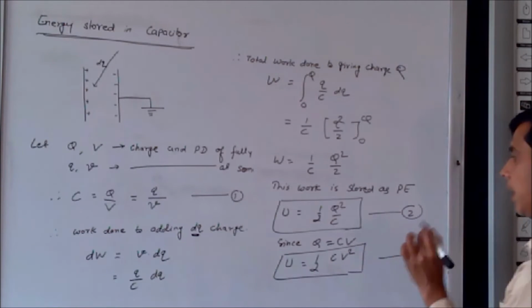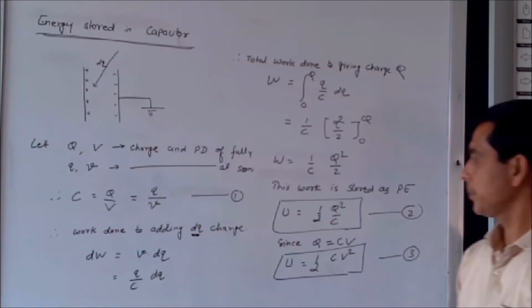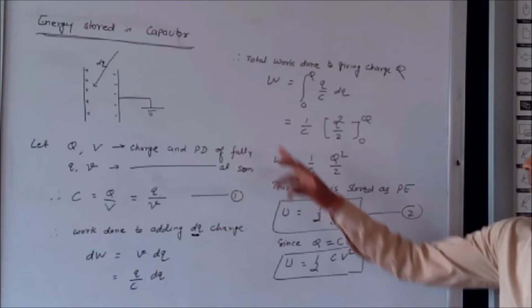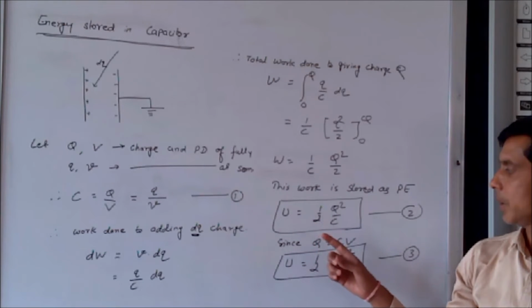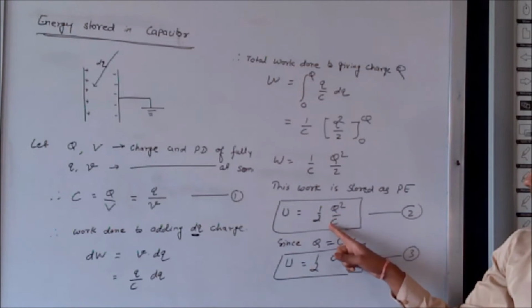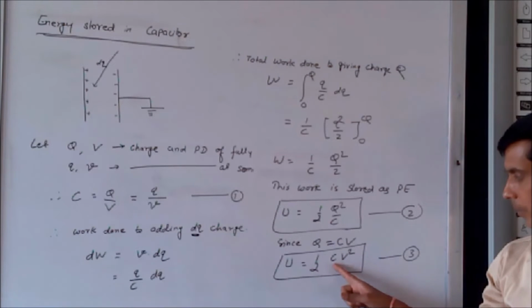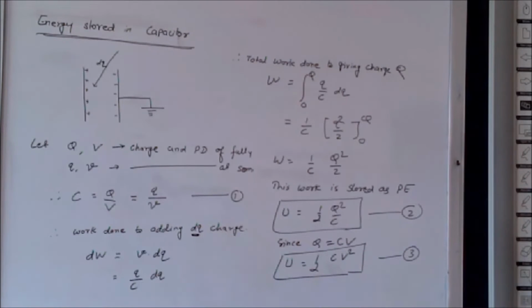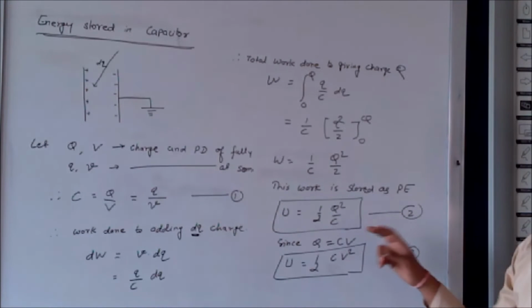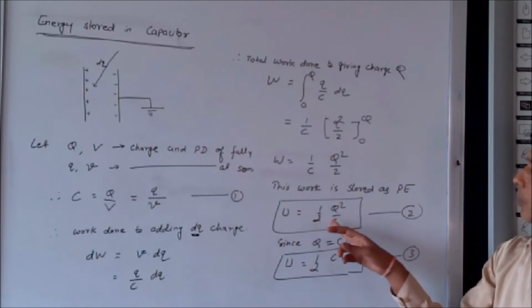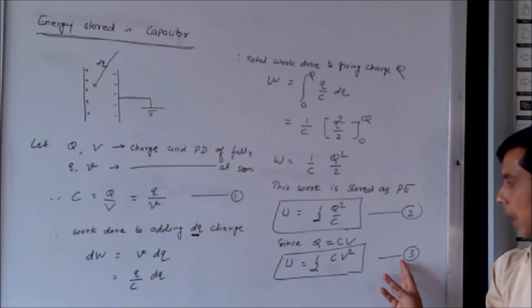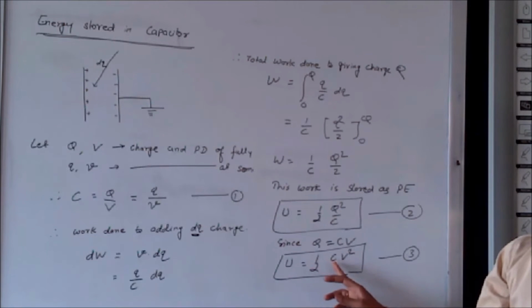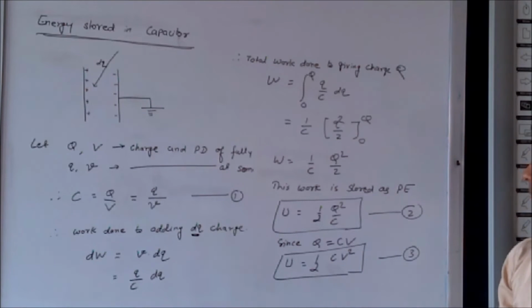Equation number 3. Dear student, these are the expressions for energy stored in a capacitor in terms of Q and C, and in terms of C and V. From both equations, we observe that in equation 2, energy stored is inversely proportional to C, but by equation 3, total energy is directly proportional to C.